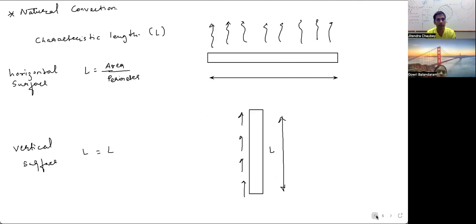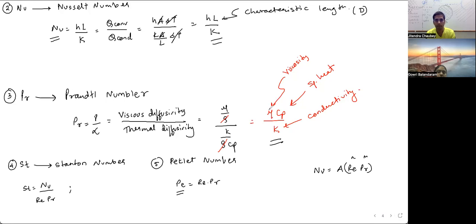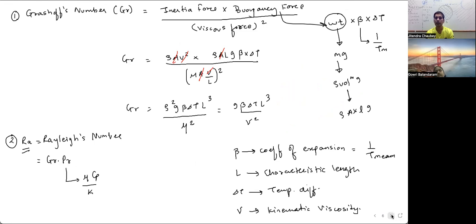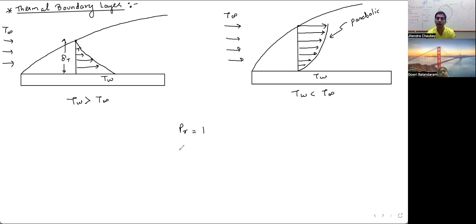Prandtl number is mu Cp by K. It is the relation between viscous diffusivity and thermal diffusivity. If the Prandtl number is less than 1, what does it signify? Will the thermal boundary layer be larger or will the velocity boundary layer be larger?